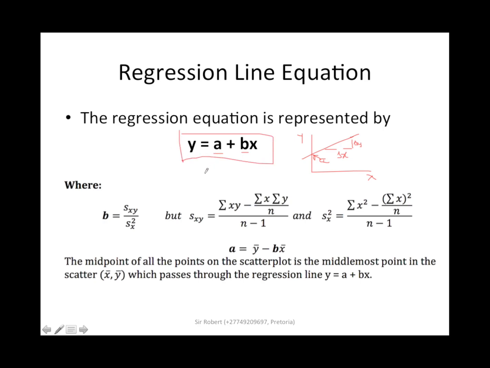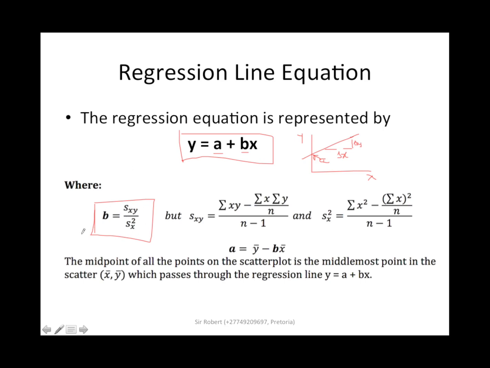In this section, in order for you to determine your b, you must know that your b is equal to the covariance of x and y over the variance of x.